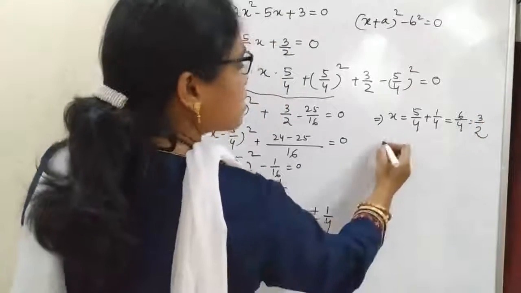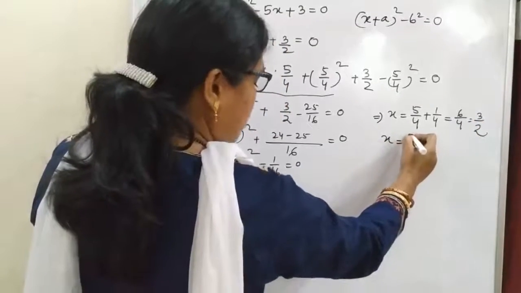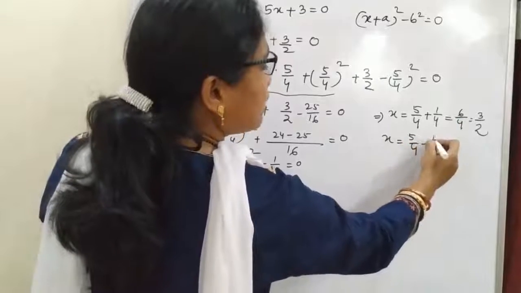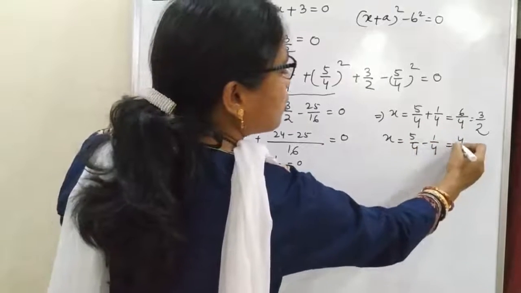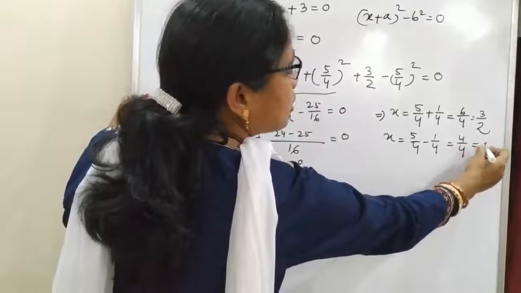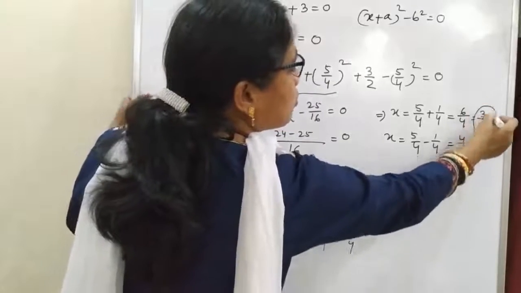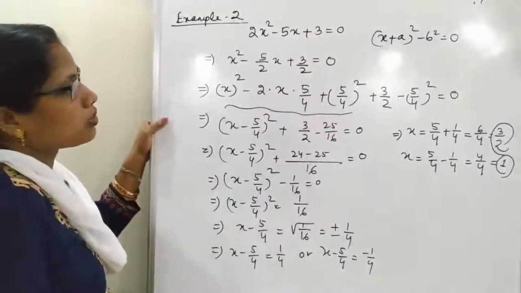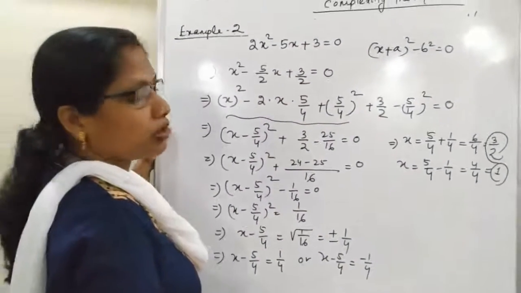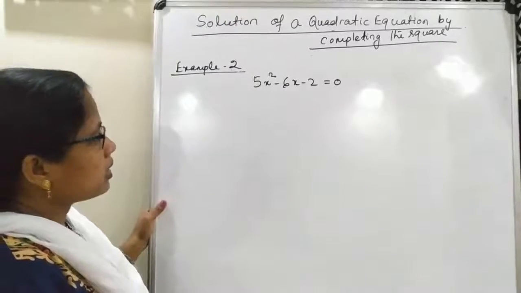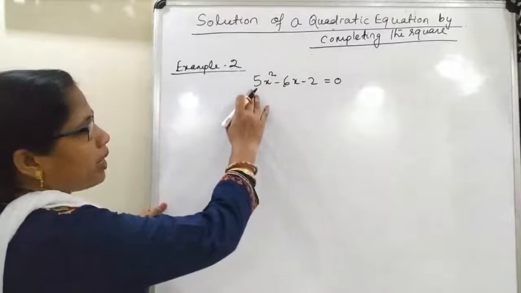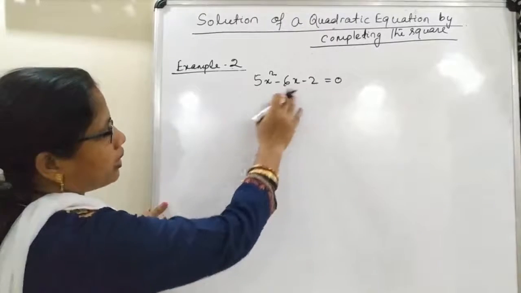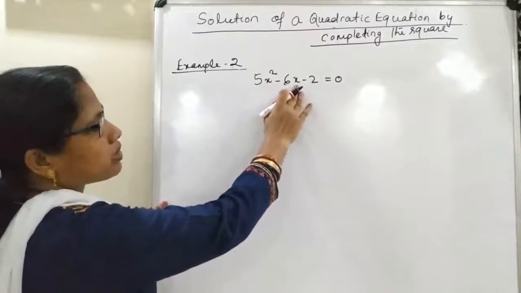In the next case, x is equal to 5 by 4 minus 1 by 4, this is equal to 4 by 4, this is equal to 1. So these are the two solutions or two roots of the quadratic equation 2x square minus 5x plus 3 is equal to 0.